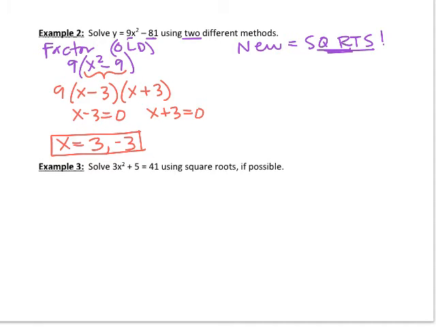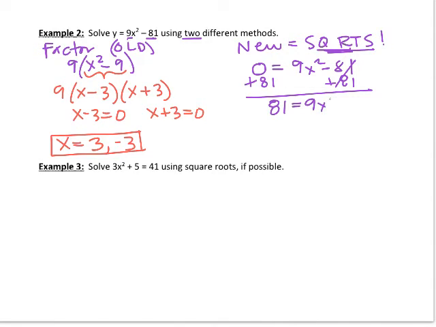All right, so let's take a look at this where we can set the equation equal to 0. I'm going to add 81 on both sides. So that cancels that, and 81 is now equal to 9x squared. Well, if I divide both sides by 9, I'm going to get x squared by itself.